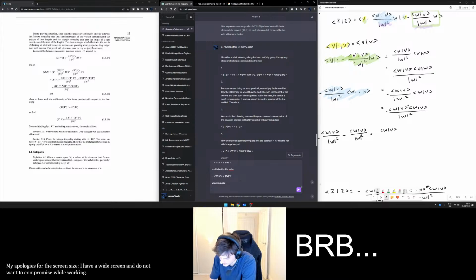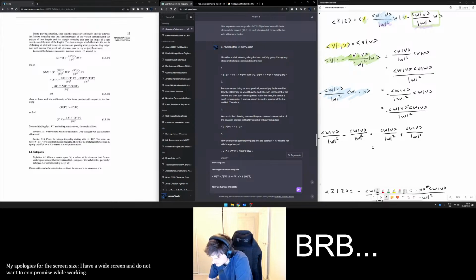WV W squared plus WV W squared, which equals two negatives, which equals W, let's just do that, plus that, which equals, well, W to the power of 2 plus W to the power of 2.